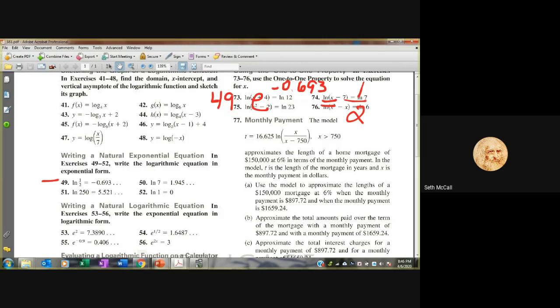It's pretty simple. 50, next one, right there. Same thing. It's going to be e, since the natural log, it's base e, and then the 7 and the 1.945 switch places.